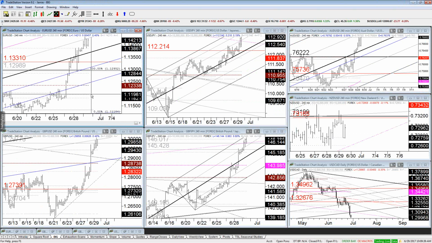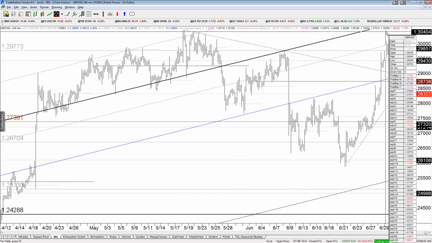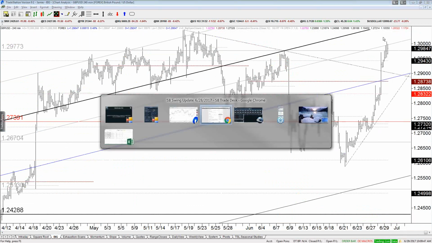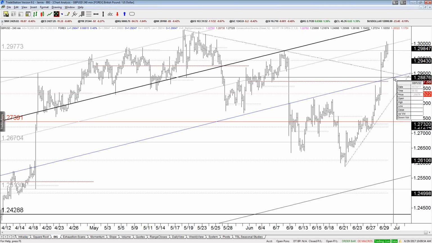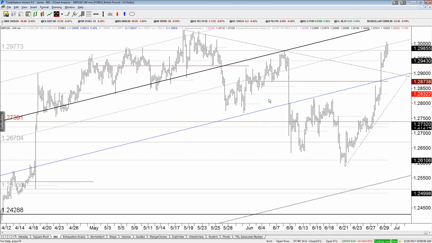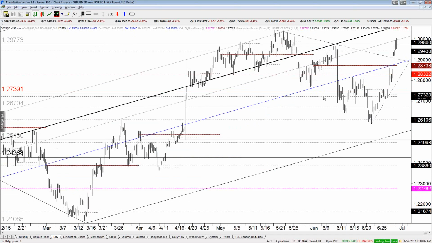You've got cable. So cable, if we go to the longer term chart, just for perspective, not in this yet. I do think that the next dip is going to be the buy for cable. And this blue line here, this parallel, is probably going to be your best spot to do it.